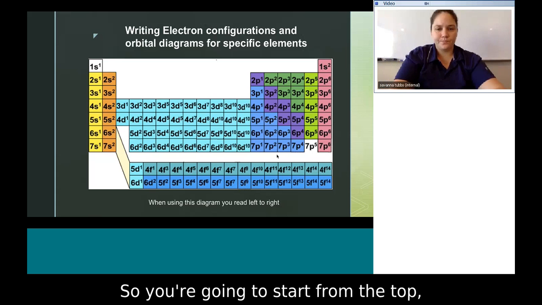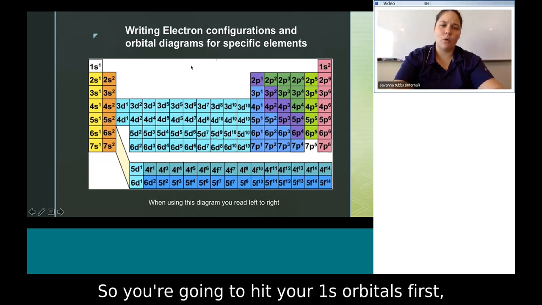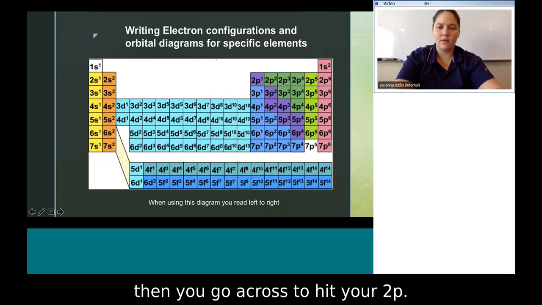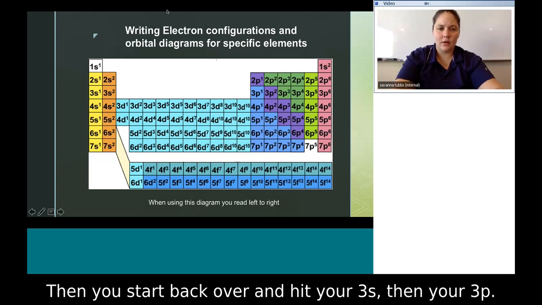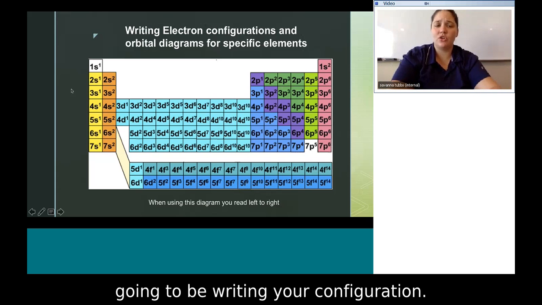So you're going to start from the top, reading from left to right. So you're going to hit your 1s orbitals first, and then you come back and you hit your 2, and you go across to hit your 2p. Then you start back over and you hit your 3s, then your 3p. So this tells you the order that you're going to be writing your configuration.